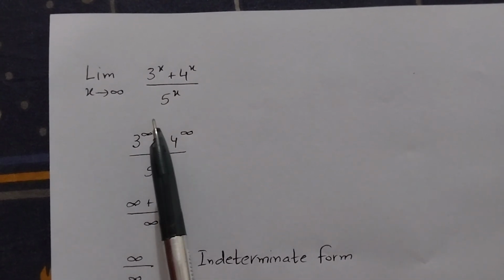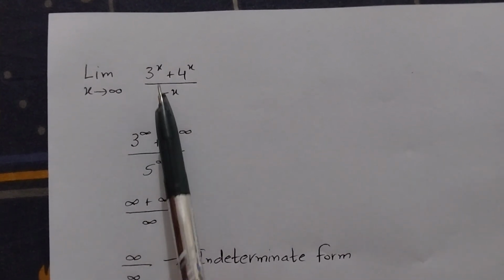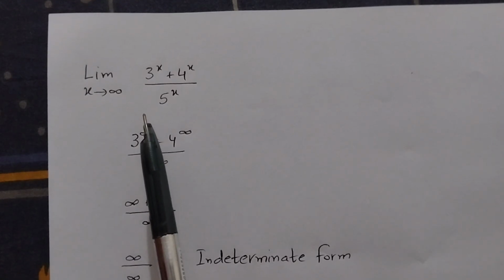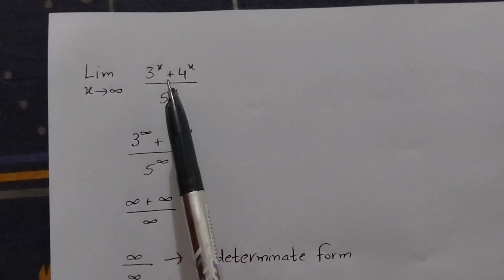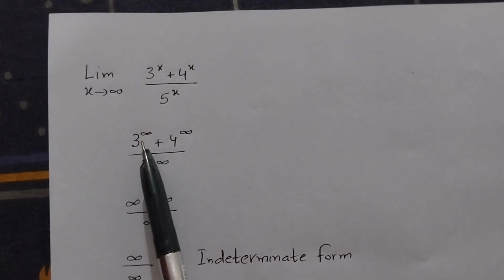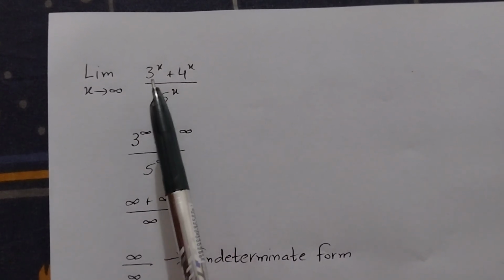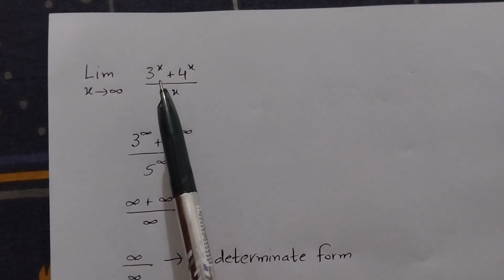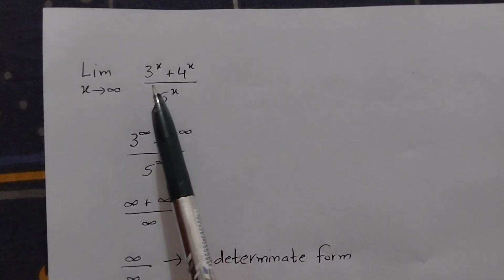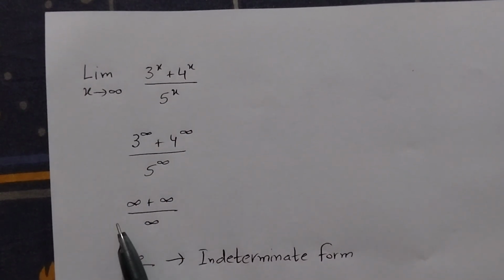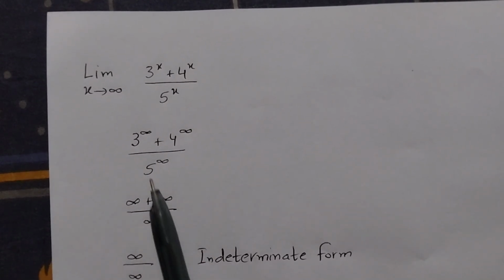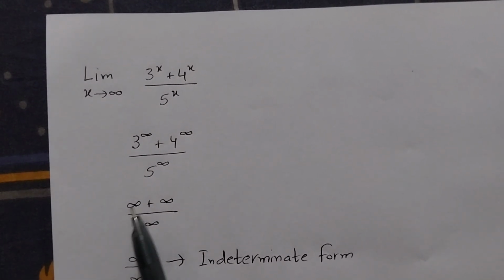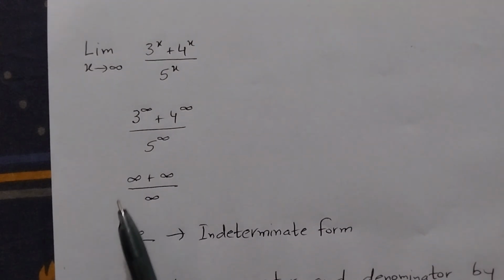So if we put infinity in place of x, infinity is not a defined number, but just for the sake of showing, if we put a very large number in place of x, then 3 raised to power x, 4 raised to power x and 5 raised to power x all approach very large numbers, meaning they approach infinity.